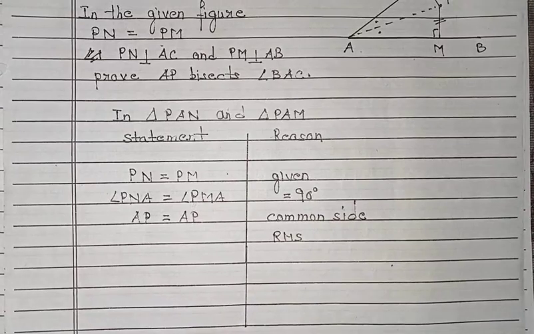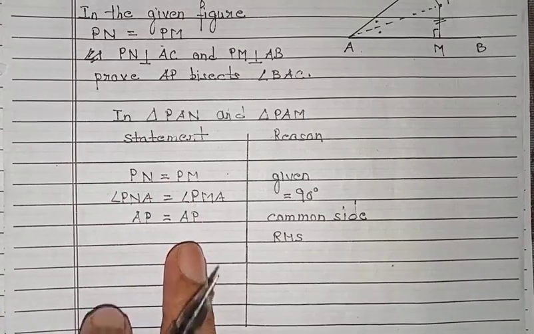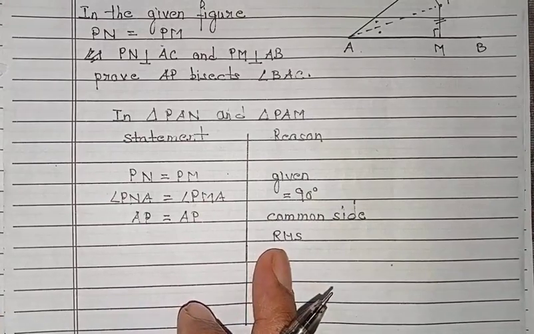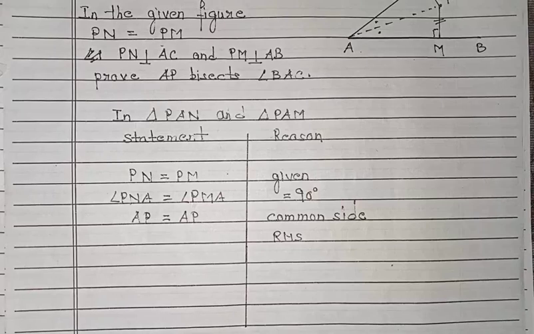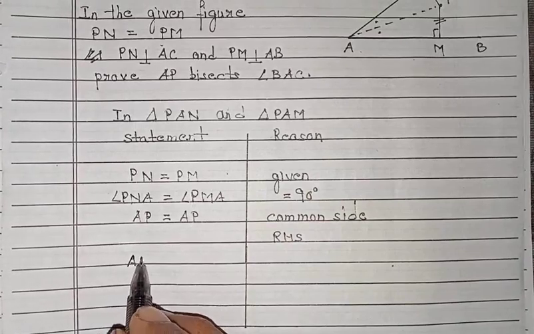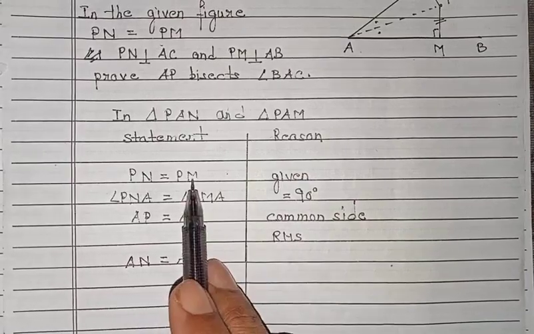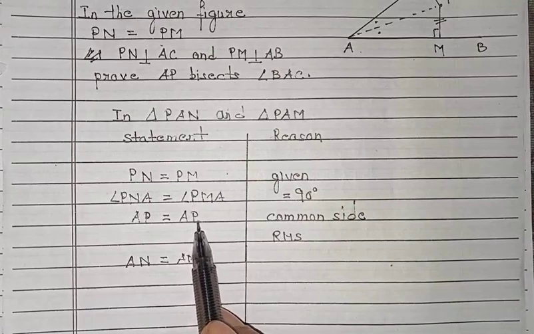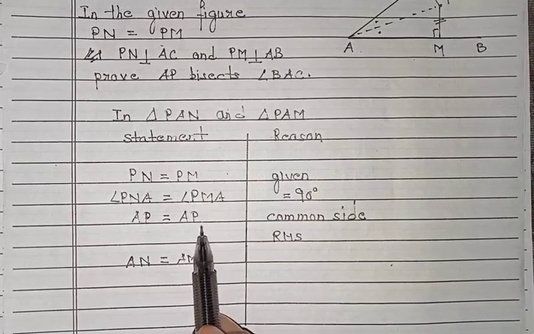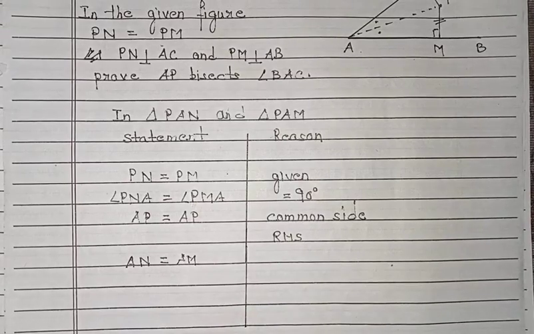So the third side will definitely be equal because two sides have been shown equal as well as congruency has also been proved. So we are confirmed that the third side will also be equal. So here we can simply write that AN is equal to AM. Remember, on showing two sides equal and also showing the congruency, then only you can say that the third side will be equal.